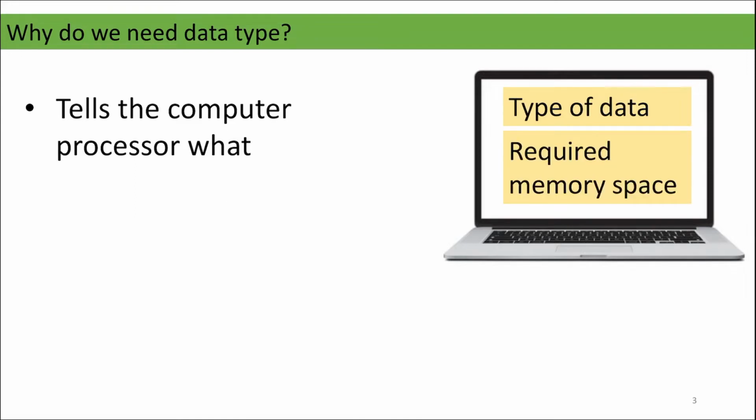The second thing related to that is what memory space you need for that data. By telling what data we need, we already told the computer what memory space we need. Why? Because in the computer system, each type of data has a maximum space that it can use.